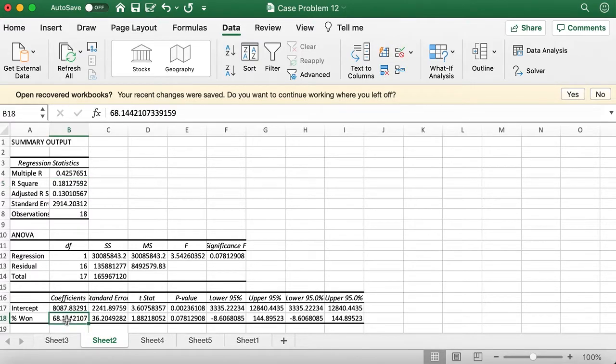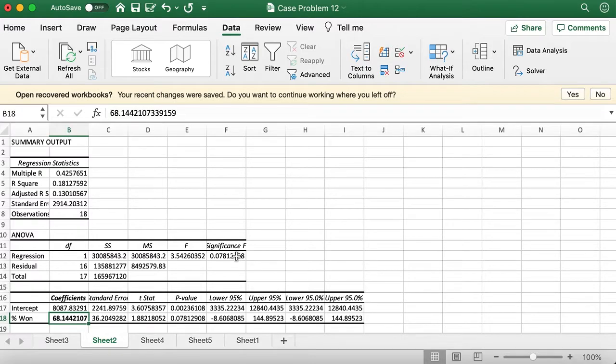But what I really want you to focus on is this beta value. The beta value here, our coefficient, is what that is. A coefficient is a beta value. And what we're really looking at is, what does this mean? What does 68.144 tell us? Well, it tells us that if you have a 1 percentage point increase in the percentage of games won, you would have a $68.14 increase in sales.